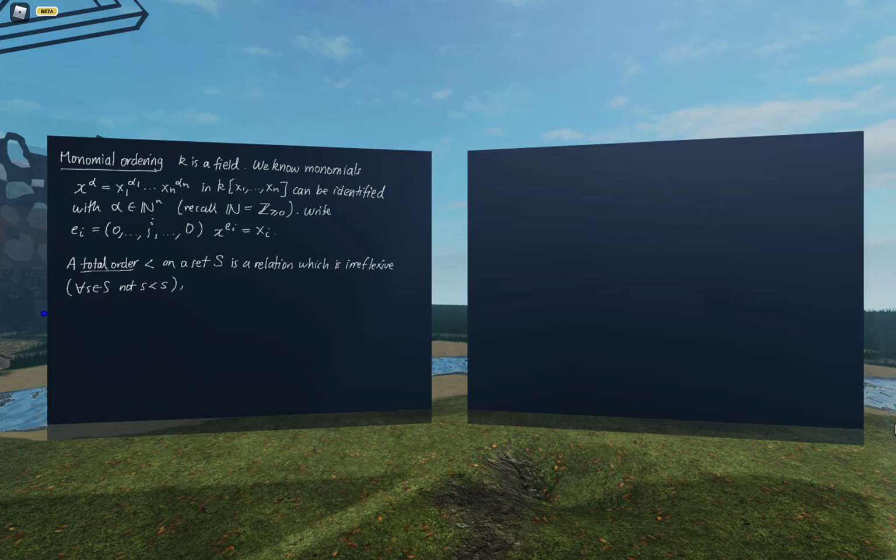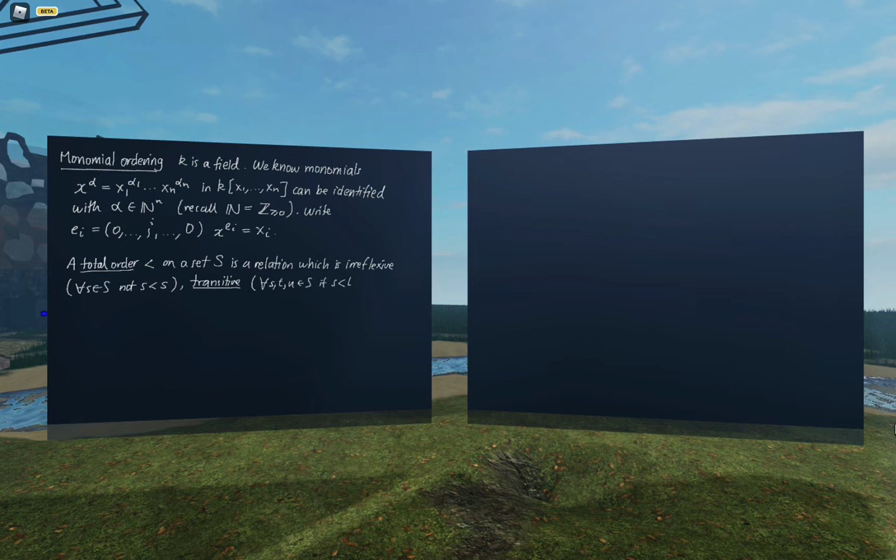I say strictly less than, but this is just some English gloss on a particular relation, which is written in the same way we write the order relation on integers, but it's just a general relation. It should be irreflexive, it should be transitive. That is, for all s, t, and u rather.